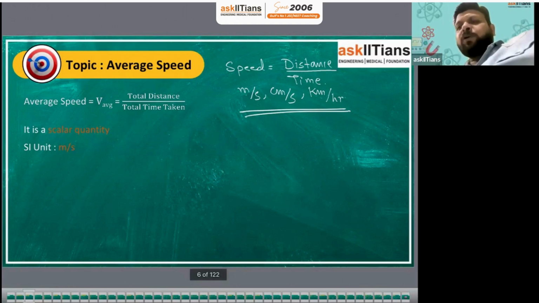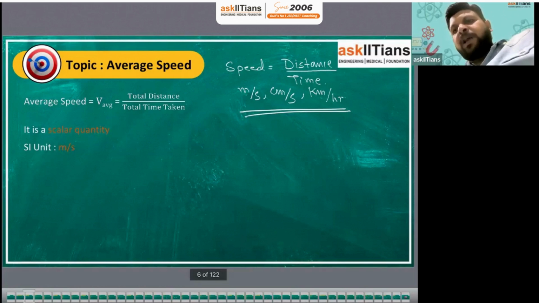Suppose you are going to a market. In that case, your speed is not uniform throughout your journey. Your speed is actually a variable. Sometimes your speed is high, and in a traffic area, your speed becomes low. Since speed is fluctuating during the whole journey, the concept of average speed comes into the picture.